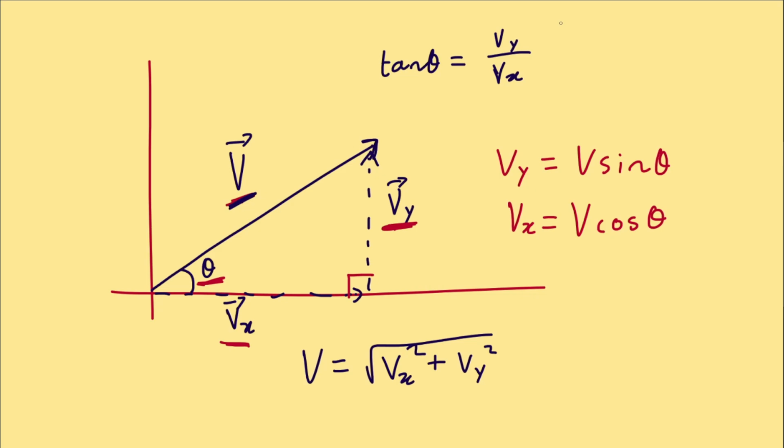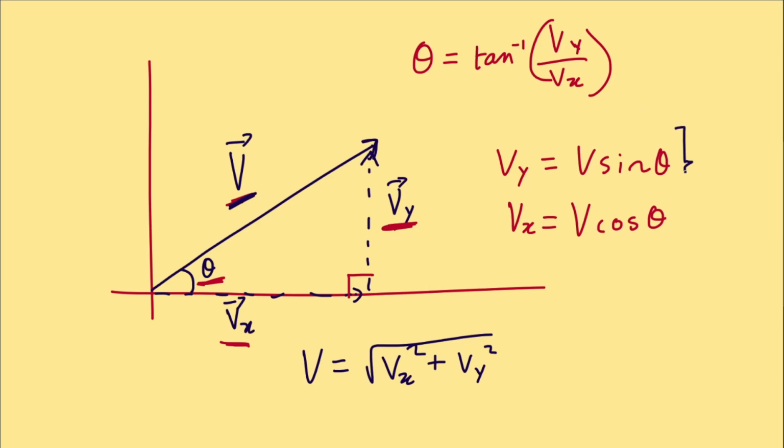Now again, I'm going to simplify this formula a little bit. Instead of writing all this, I'm going to be writing it as the angle is equal to tan minus 1, so the inverse of tan, times vy over vx. Same thing. I highly recommend you write these formulas down somewhere in your book. We're going to be using them today.